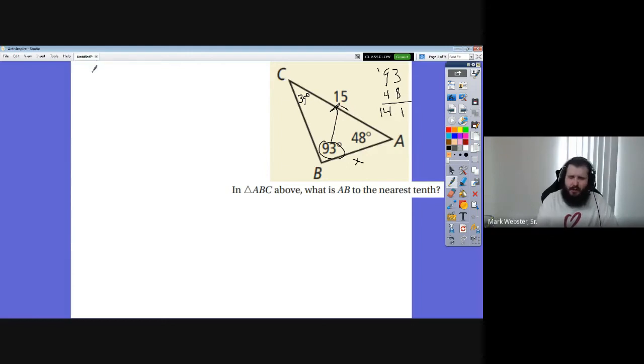So let me do my problem. All right. And again, doesn't take that long to do. Sine of 93 over 15. That's my good pair. Over the sine of 39 divided by x. Now let's cross multiply and divide.